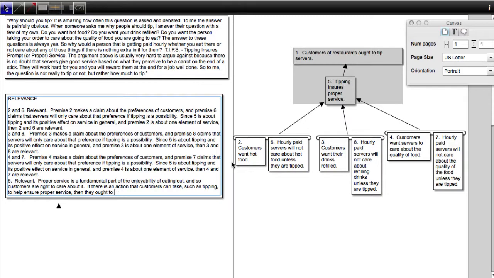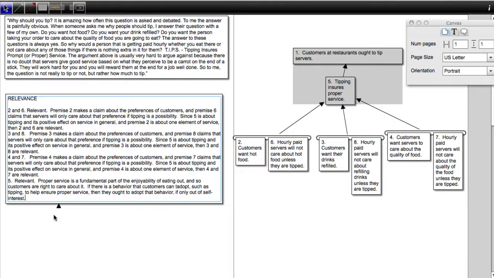They ought to adopt that behavior. I like behavior if there is a behavior rather than an action. Then customers can adopt it, if only out of self-interest.